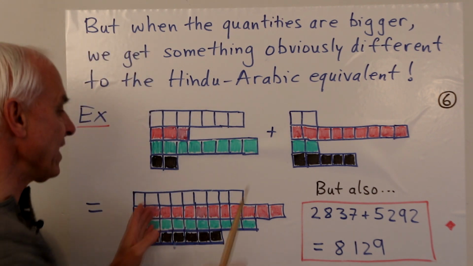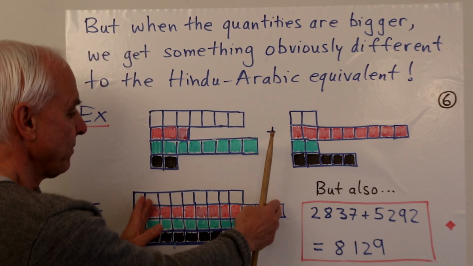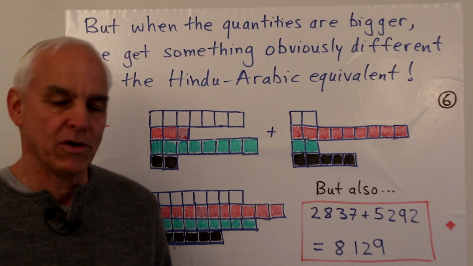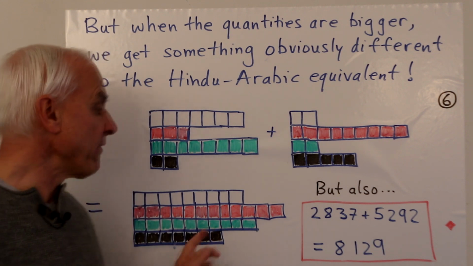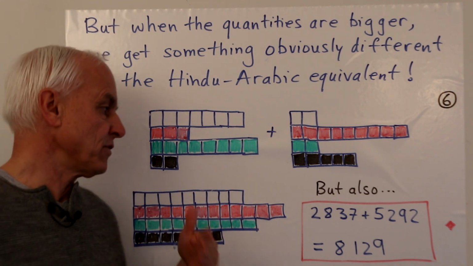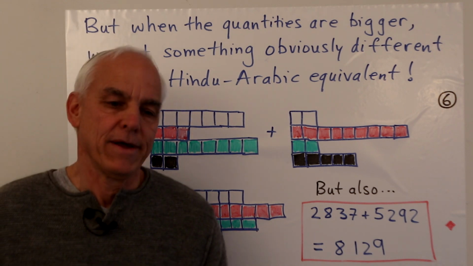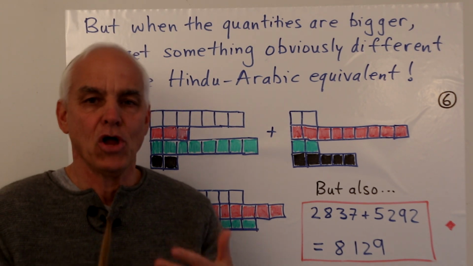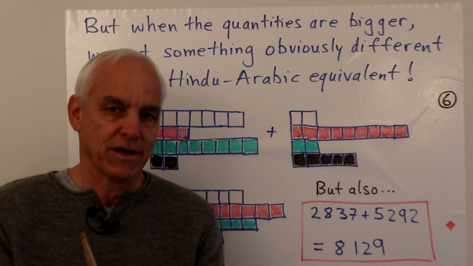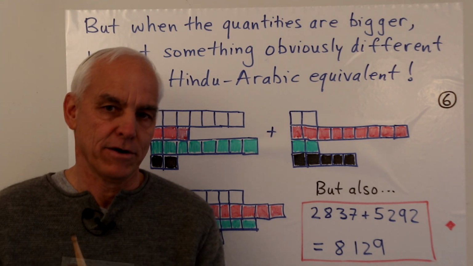So we have to sort of cut up these things and replace them with a square of a larger color. But we haven't done that at this stage here. Okay? So this is really a sort of physical aspect or physical analog of the carrying problem in ordinary arithmetic. That's exactly what we're facing here.